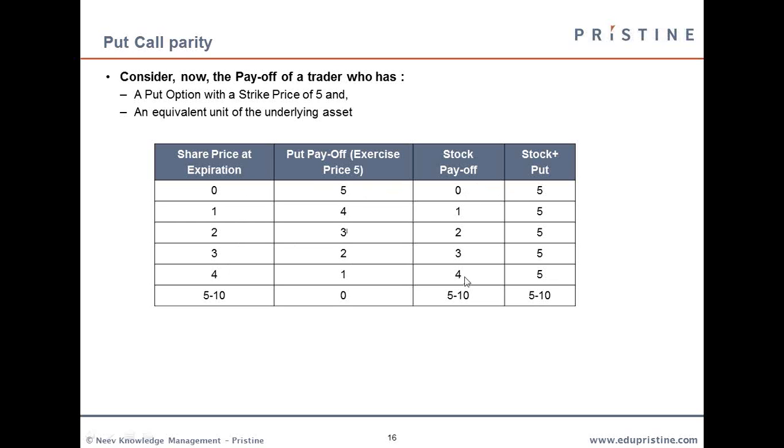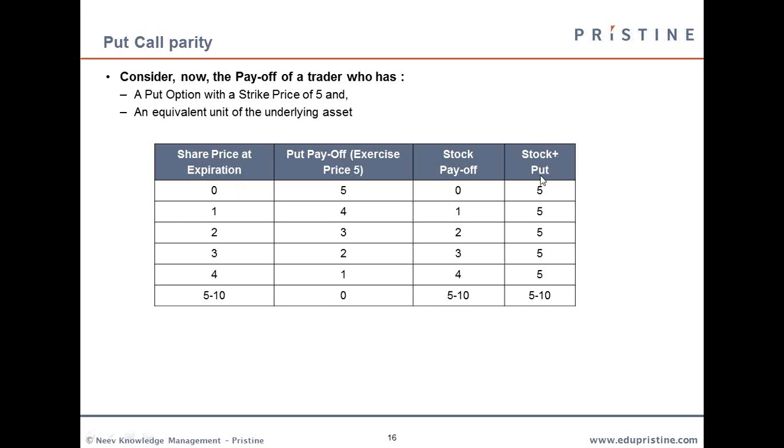And the stock payoff will depend on the stock price. So if the stock price is 0, 1, 2, or 3 or 4, the put will pay him accordingly, and the stock will give the same as the price at expiration.